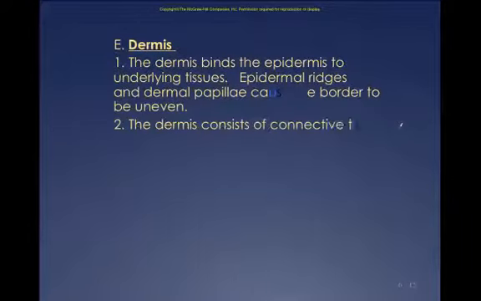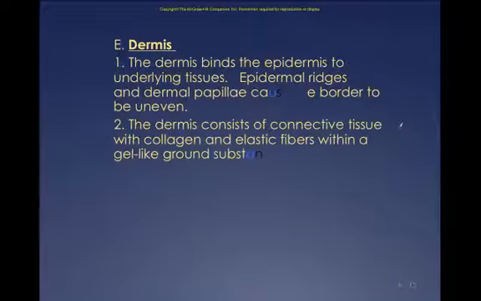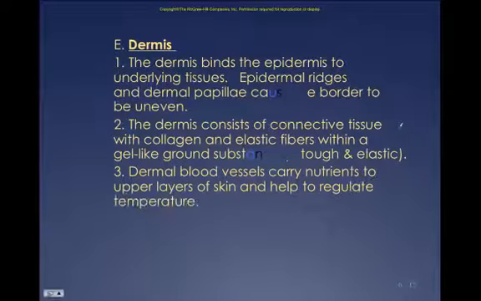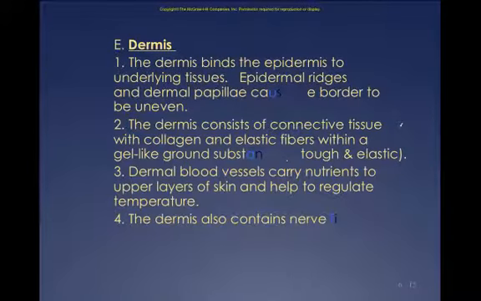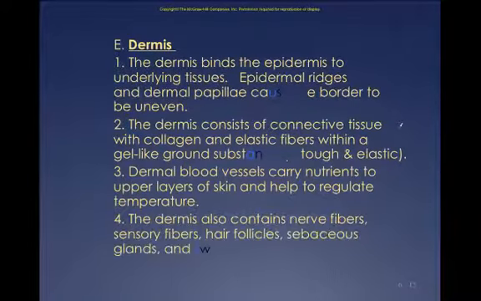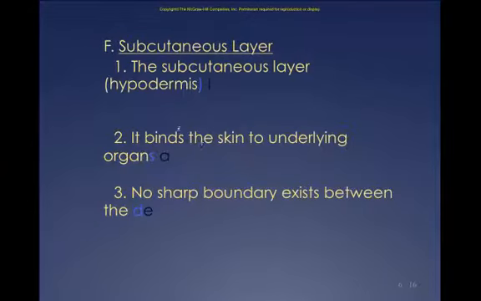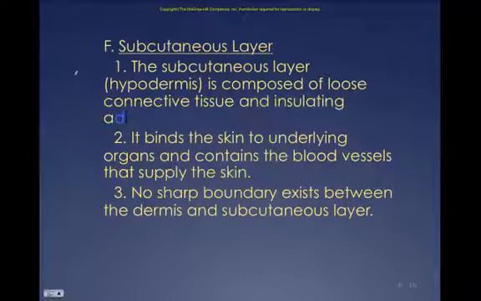So again, we're going to talk now a little bit more about some of these accessory structures that are in the dermis. So again, especially talking about hair follicles, we're going to talk about sebaceous glands, and we're going to talk about sudoriferous glands. Oh, and real quick, before we get to that, we're going to talk about the subcutaneous layer. So the subcutaneous layer, if you remember, is just this layer that's going to be directly below the dermis.